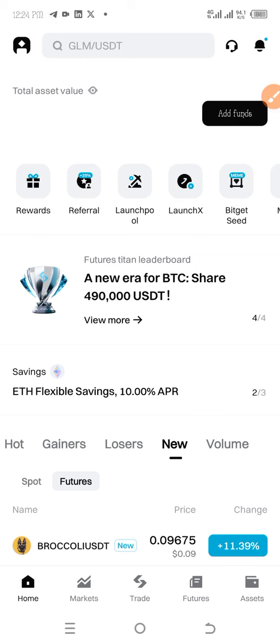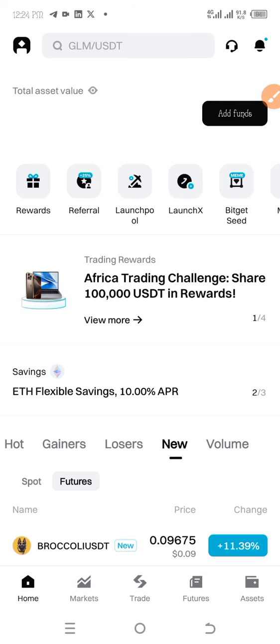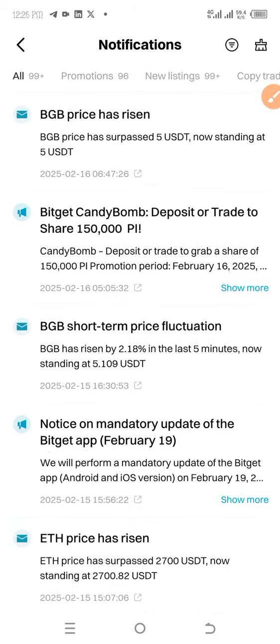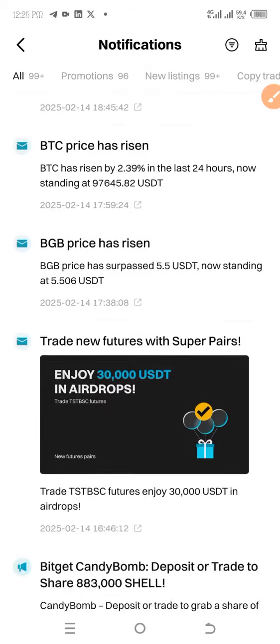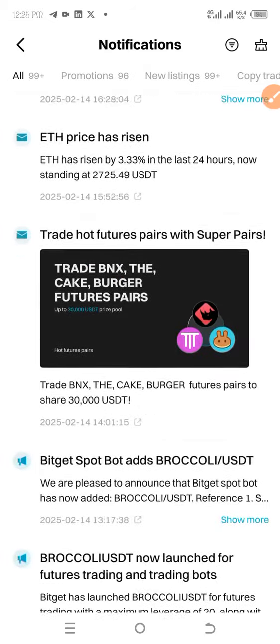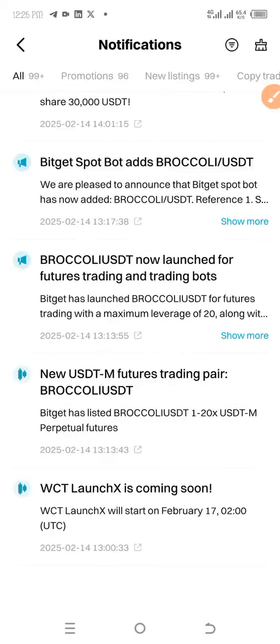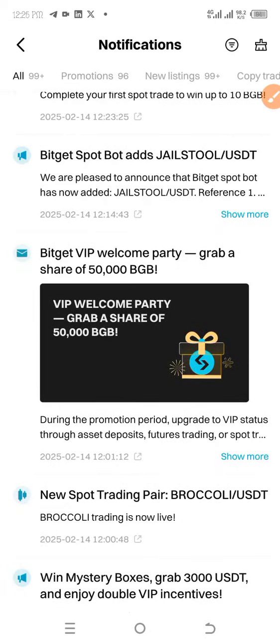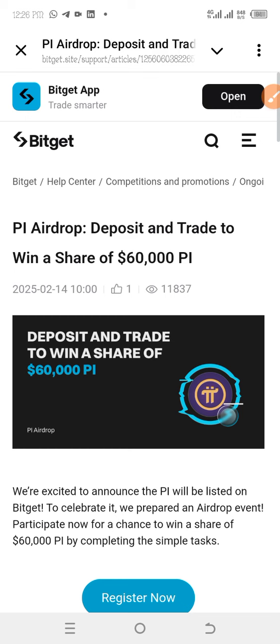So let me head over to the information I have for you for today. As we all see, we have many pieces of information here. Let me head over to this new launch coin. As we are all aware, one of the biggest airdrops is about to launch in the next 4 or 5 days, which is Pi.